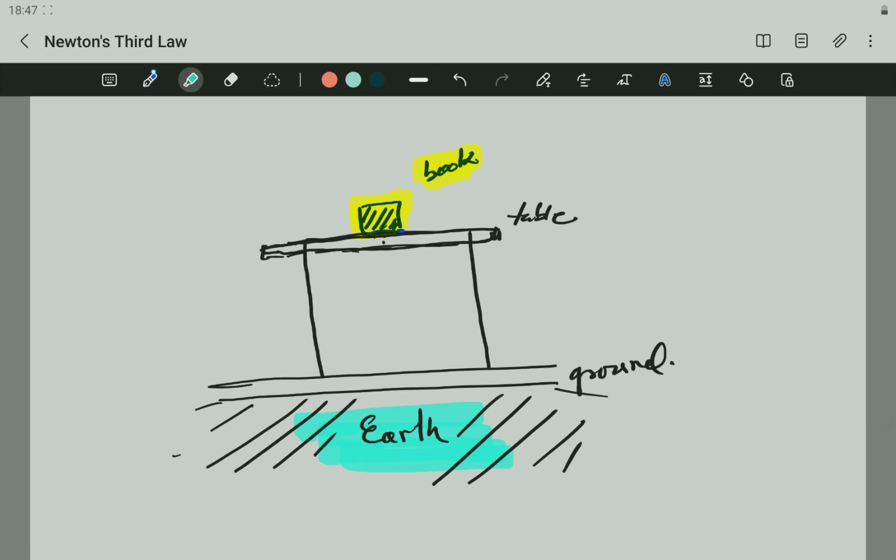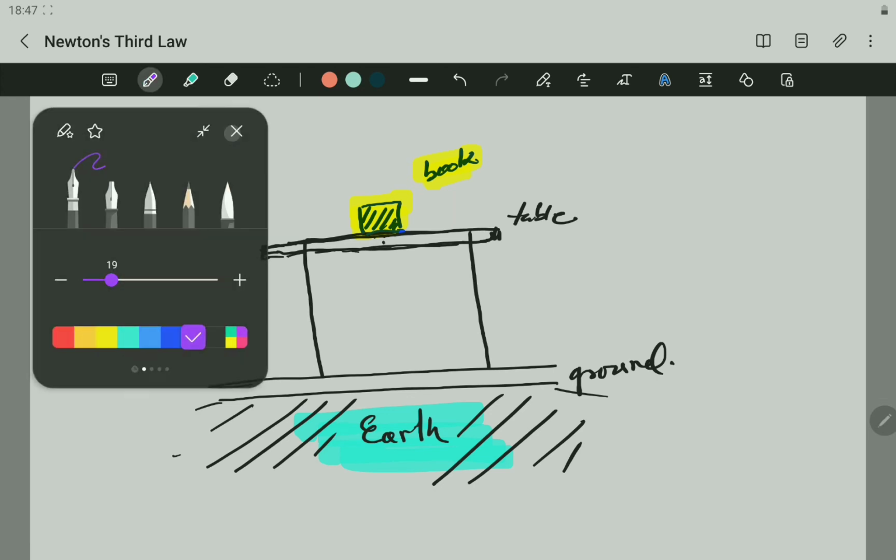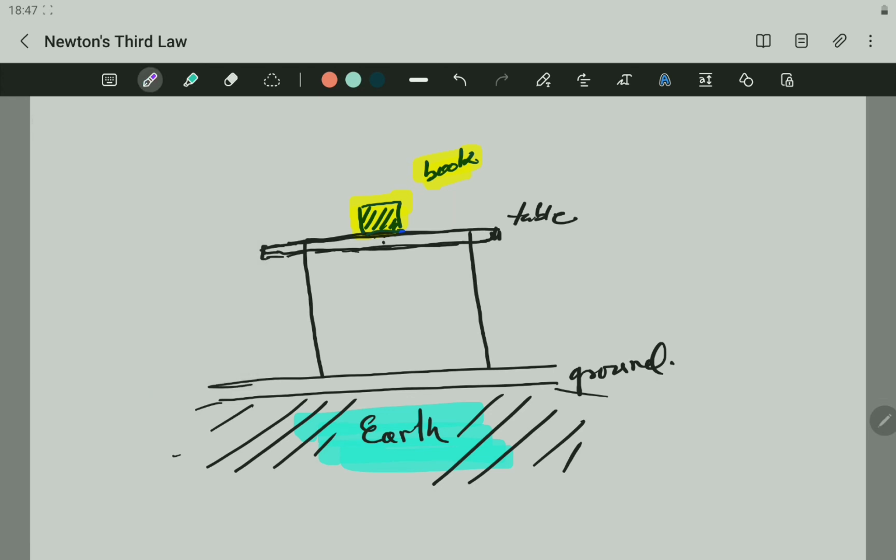All right, so what will the action-reaction pair be now? What is the earth doing to the book? It is pulling it down with a force that we actually call weight. This weight is nothing other than the force from the earth on the book.